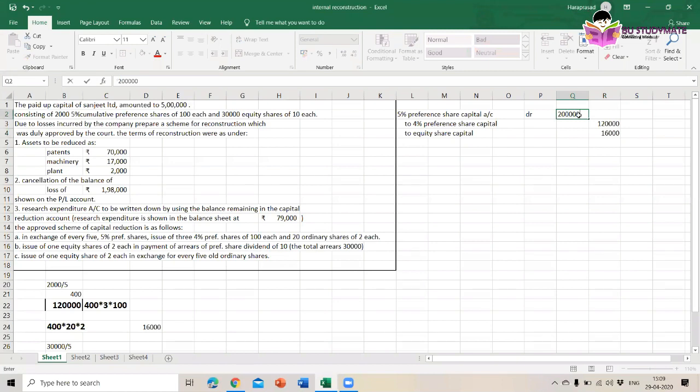And the narration you have to write here: being a conversion of 2,000 5% preference shares of rupees 100 each to 1,200 4% preference shares, and also this 20 into 400, 8,000 equity shares. All these things you have to write down in the narration.